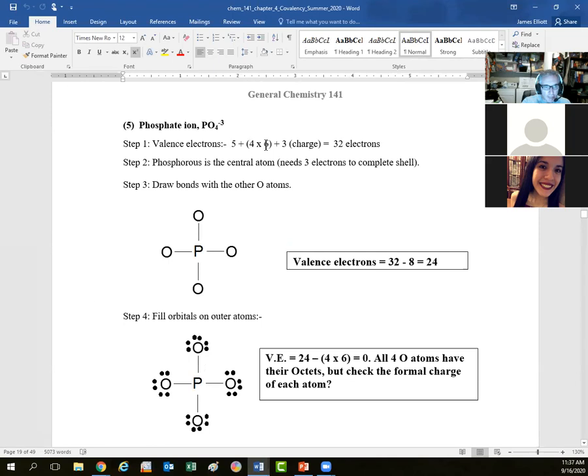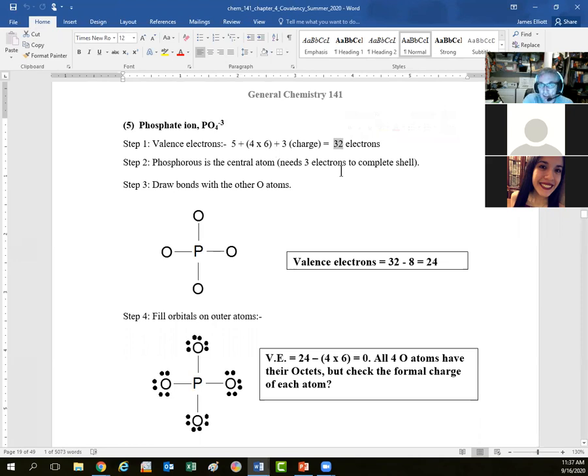So the 5 plus the 6 times 4, and then we've got the electrical charge on the polyatomic ion itself, 3 minus. So that 3 minus charge, that's telling us about a surplus of electrons. Things are only negatively charged when they have more electrons than protons. And so we'll add those 3 electrons to our count to give us a total of 32.